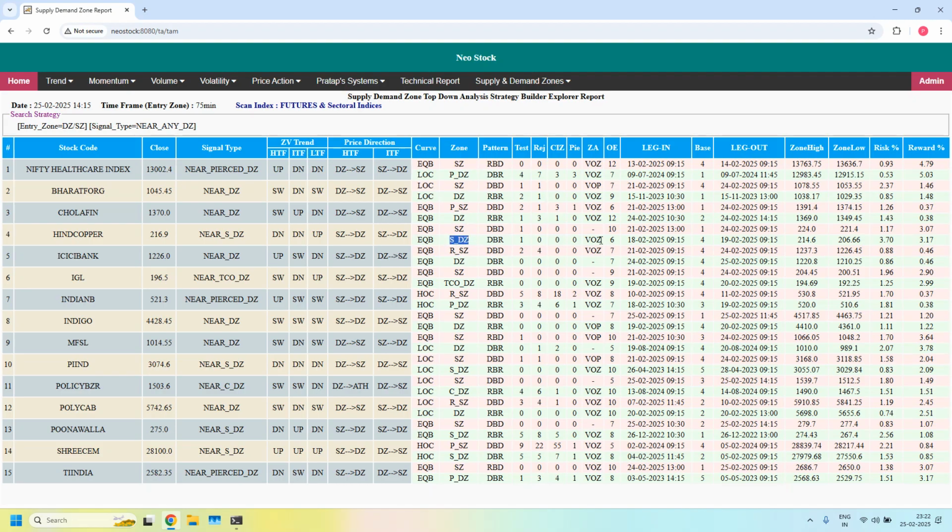Hindustan Copper is having a high liquidity zone, 75 minutes high liquidity demand zone. PI Industries is having a 75 minutes high liquidity demand zone. Policy Bazaar is having a high liquidity 75 minutes demand zone.